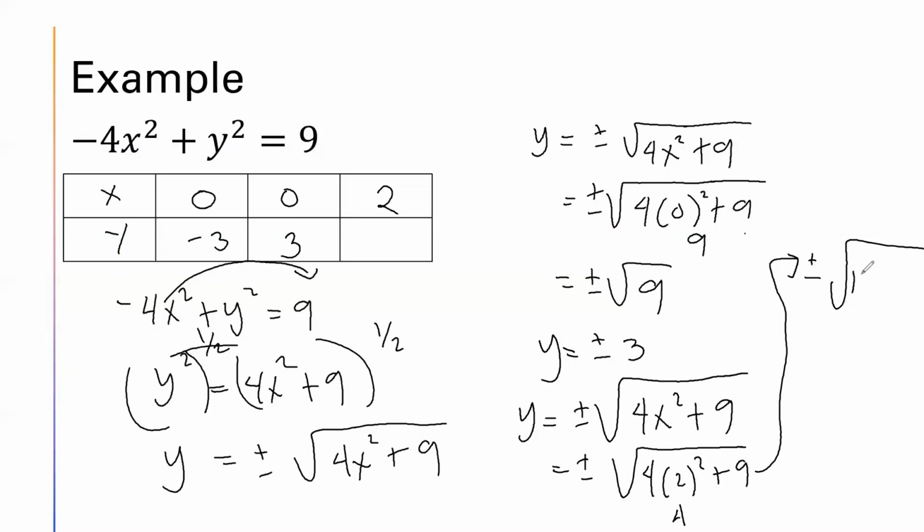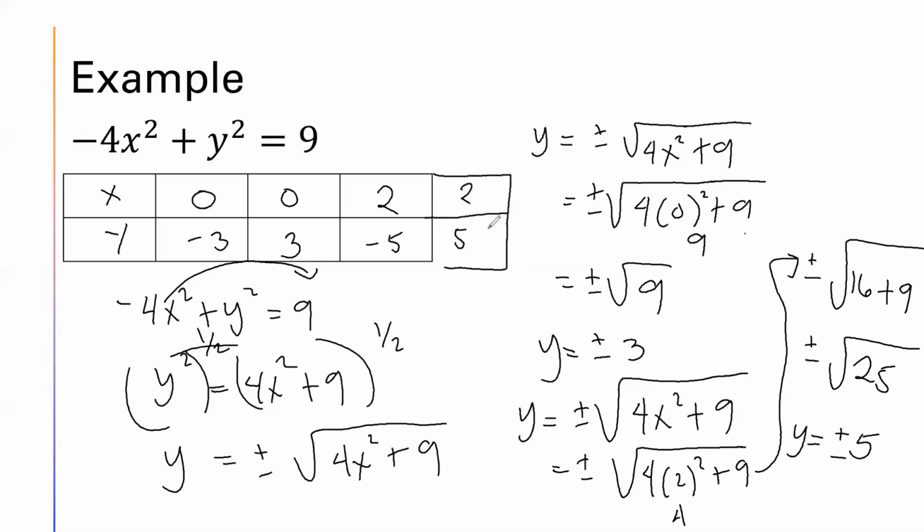So we have 16 plus 9, which is 25. The square root of 25 is positive negative 5. Meaning when x is 2, we have two values, negative 5 and positive 5.